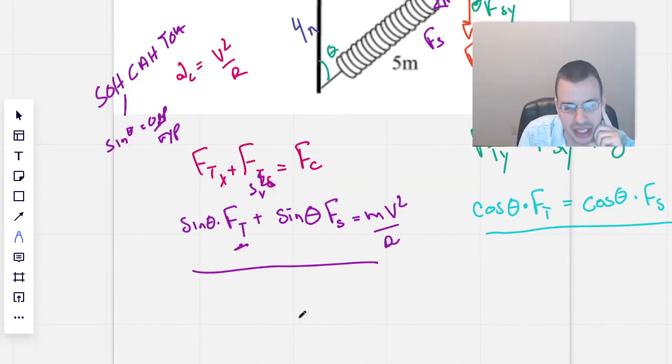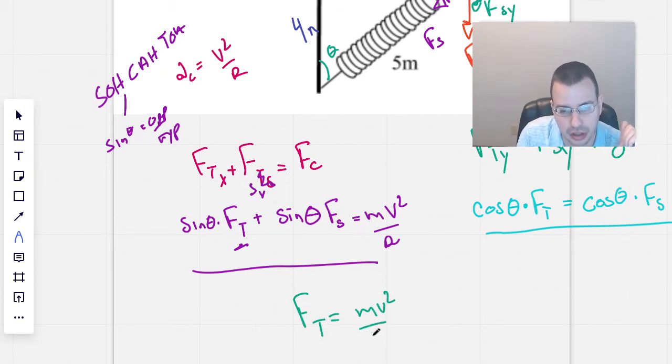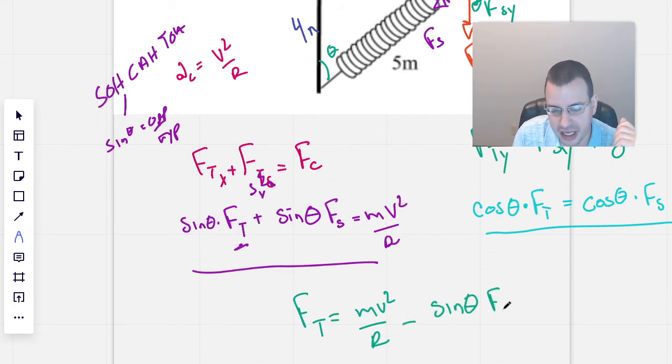So solving for force tension equals mv squared over r minus sine of theta times force spring, all divided by sine of theta.